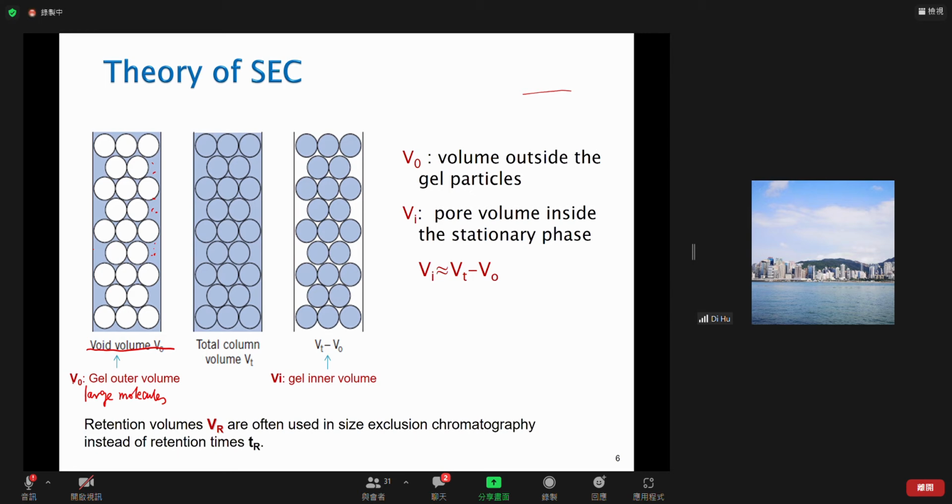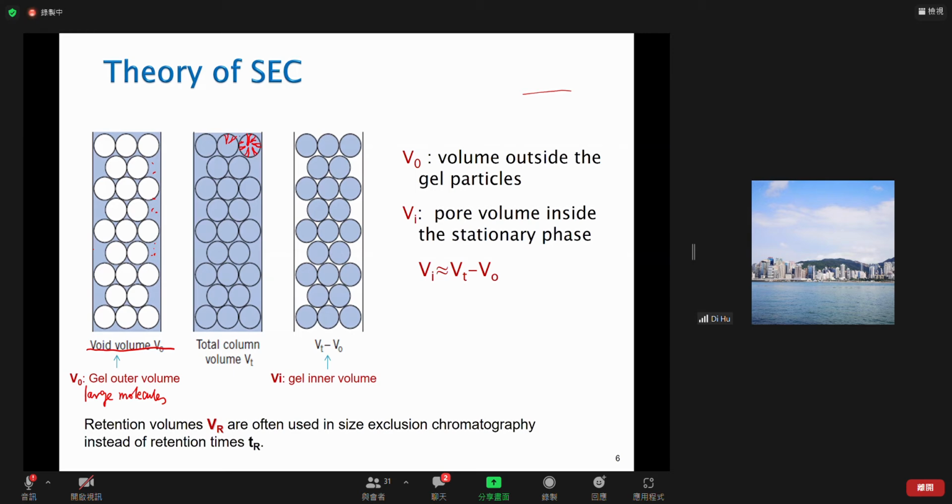How about the small molecules? Very small ones can diffuse in, because each of these particles is porous. They have pores; they're not solid. So the molecules can diffuse into the pores.